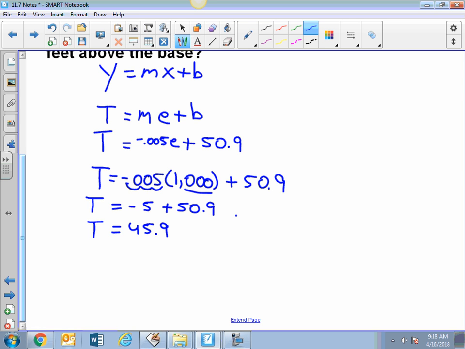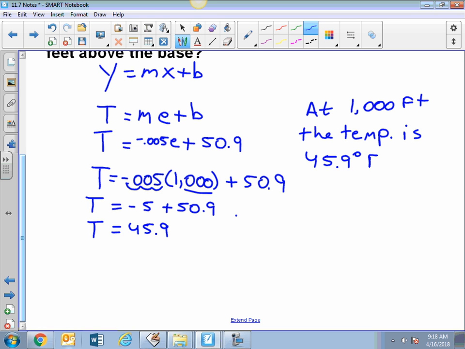So what does that tell me? That tells me at 1,000 feet, the temperature is 45.9 degrees Fahrenheit.